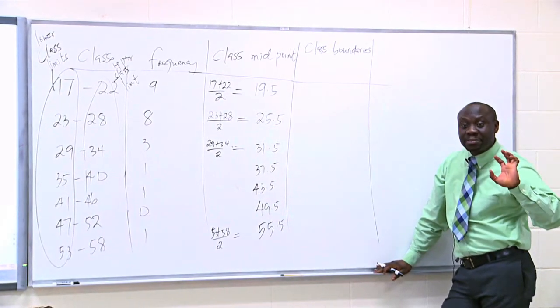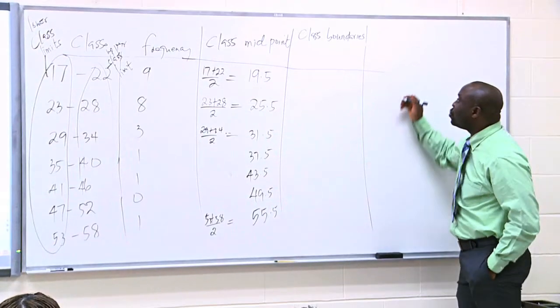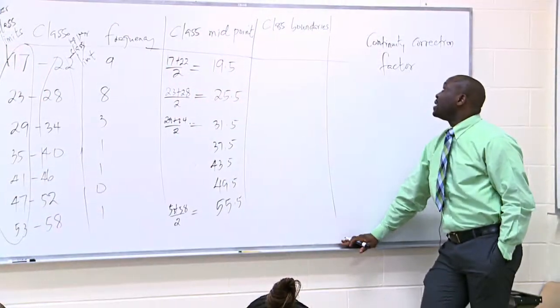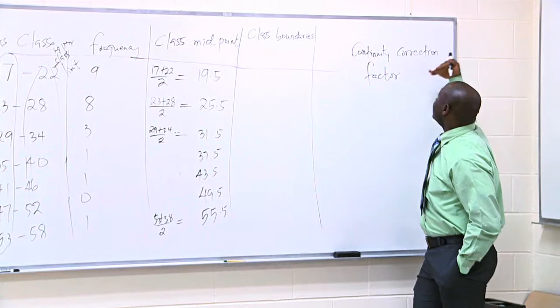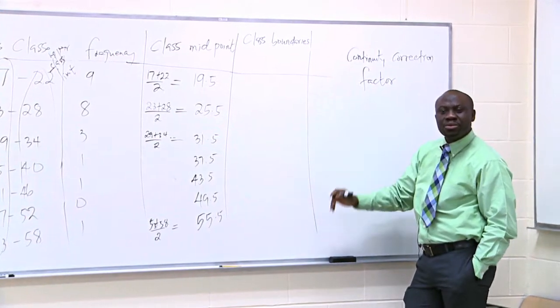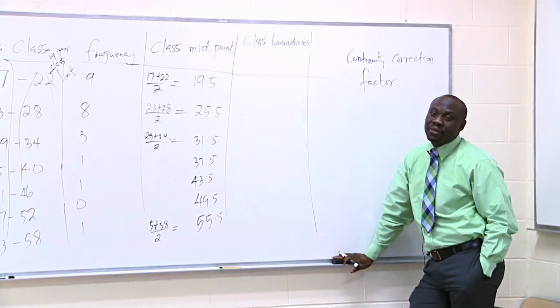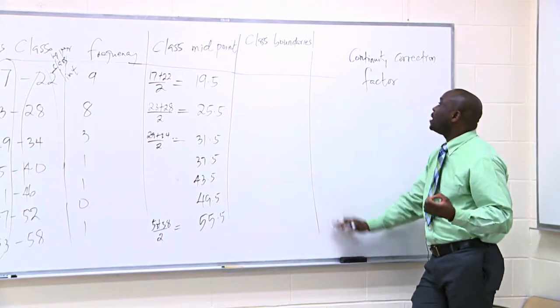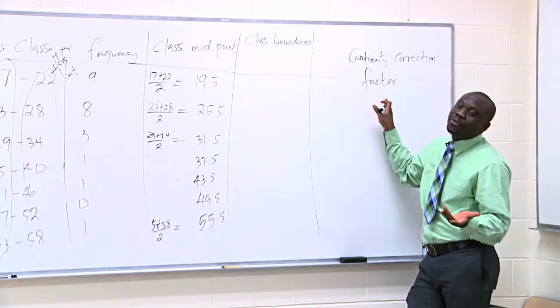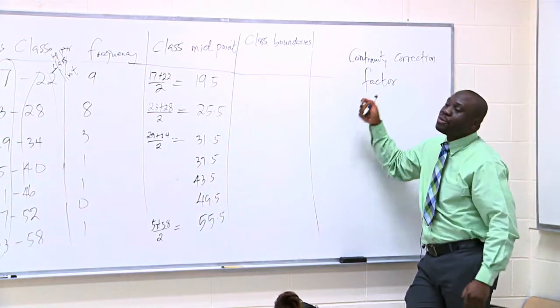Before you find the class boundary, you need to find one thing which we call the continuity correction factor. Some books refer to this as continuity factor. Others call it correction factor, but I choose to call it the continuity correction factor. Because first of all, it is correcting our data. Secondly, it's making it continuous for us. And of course, this can be done through this factor.